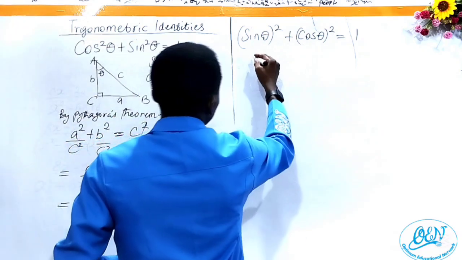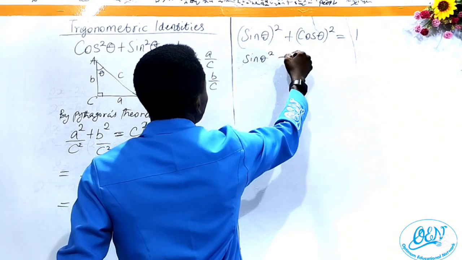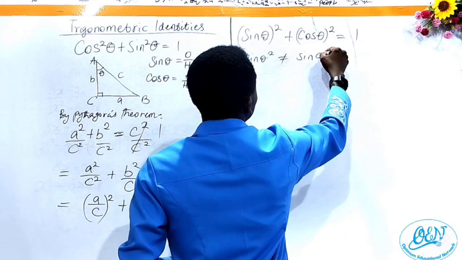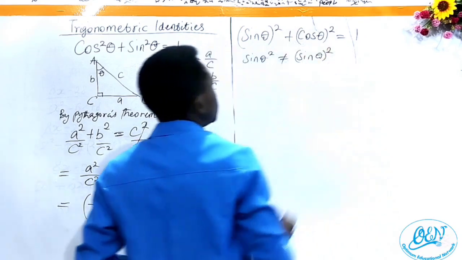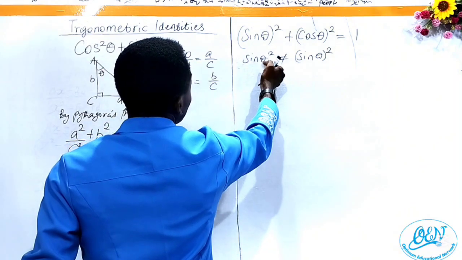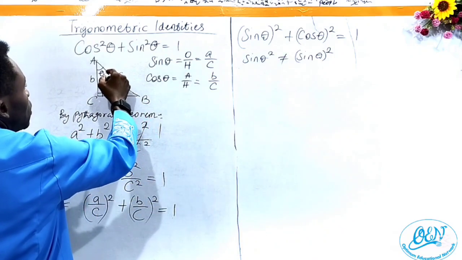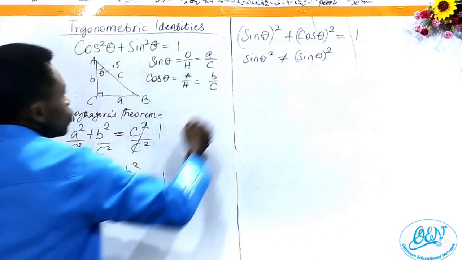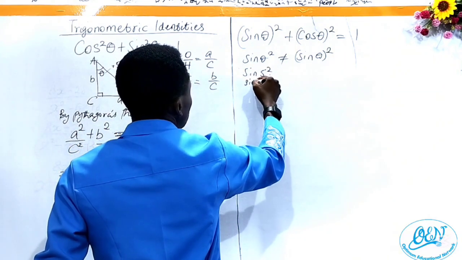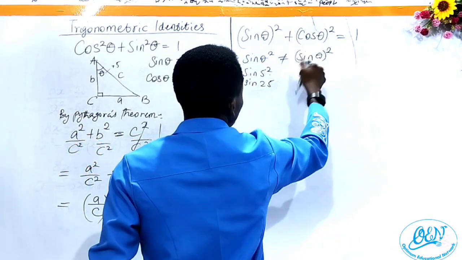Now, remember that if you have sin squared theta, it's not equal to sin theta all squared. What this presupposes is that if you have this, the angle will be squared. So, for example, if this theta is equal to 5, this will be sin 5 squared, which is sin 25, while this will be sin 5.